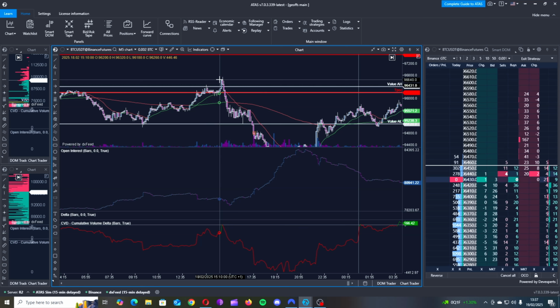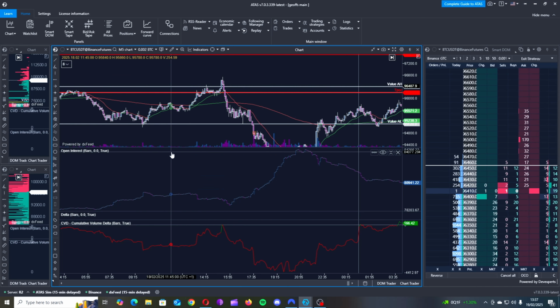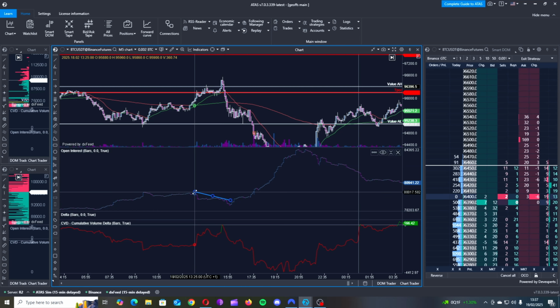Then we'll come into the divergences that occur with CVD. So like here on this chart, we've got this line here.